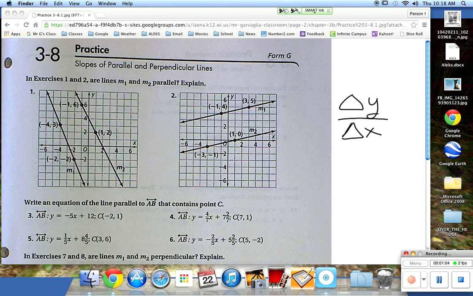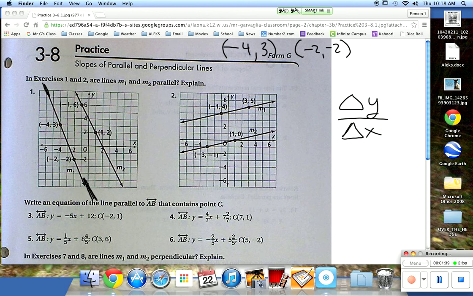Damien, what's the slope of this line right here? Slope formula. We have -4, 3 as 1 point, and we have -2, -2. What's our slope going to be?